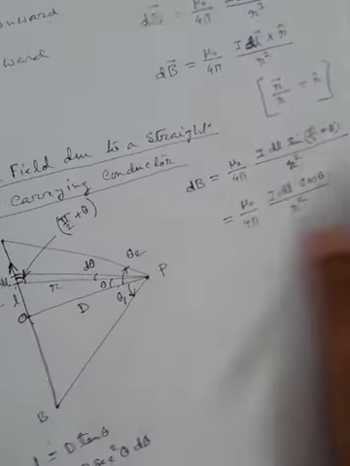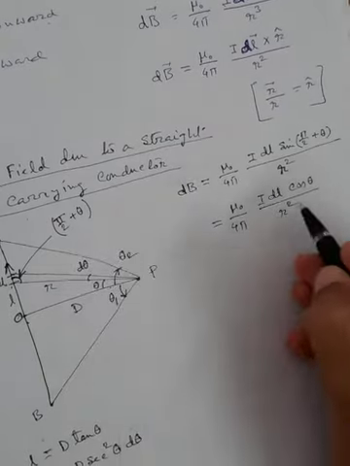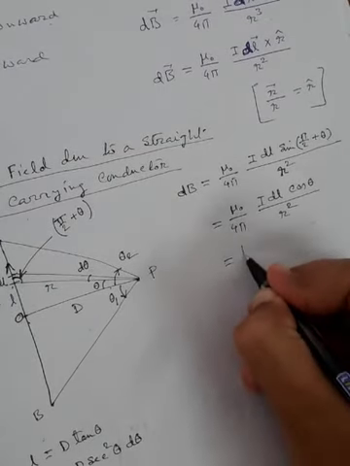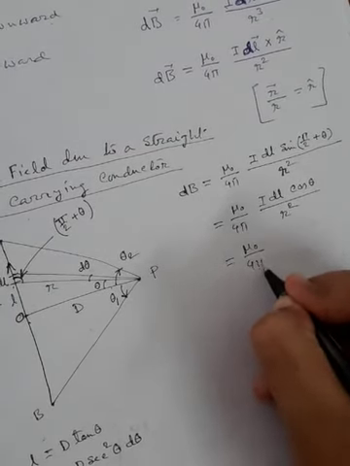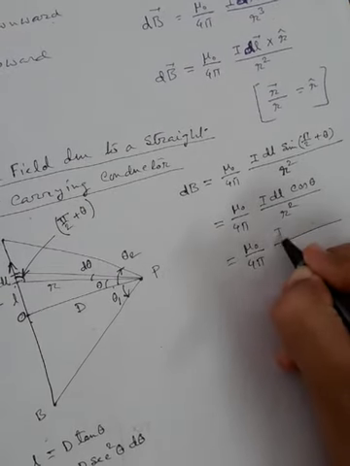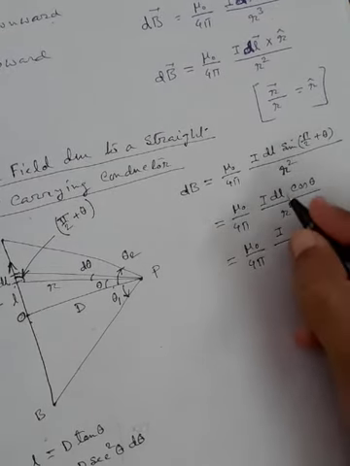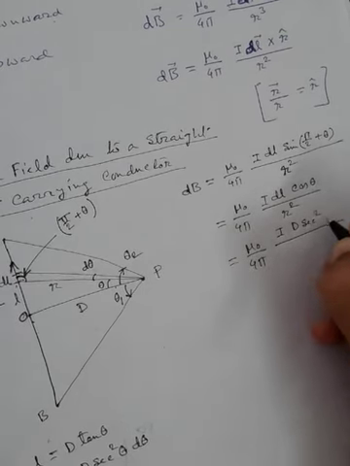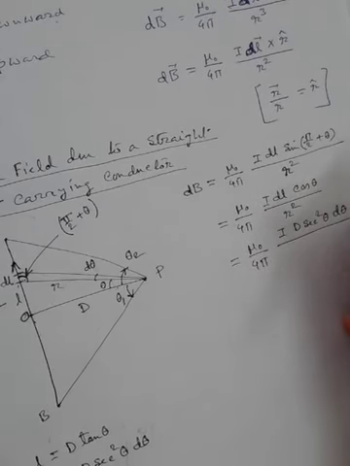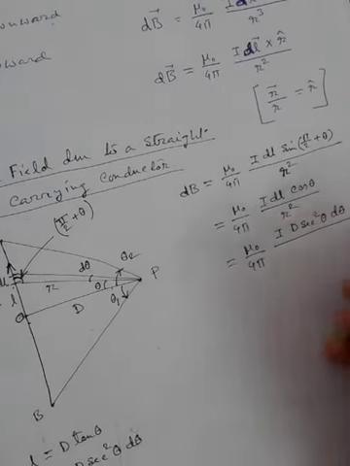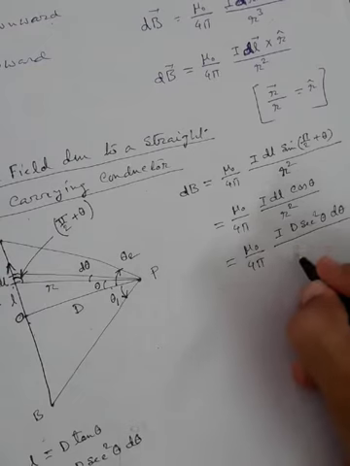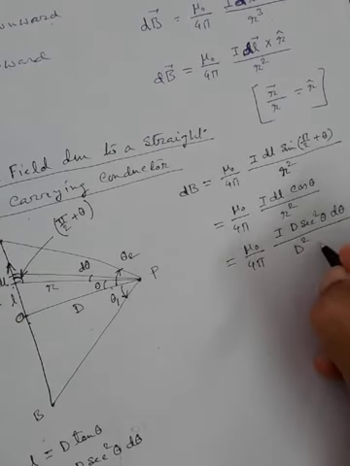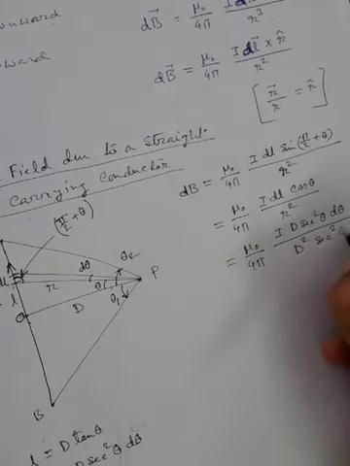Now replace these terms here. Mu 0 by 4 pi I, for dl we can write d sec square theta d theta into cos theta as usual, and for r square we can write d square sec square theta.